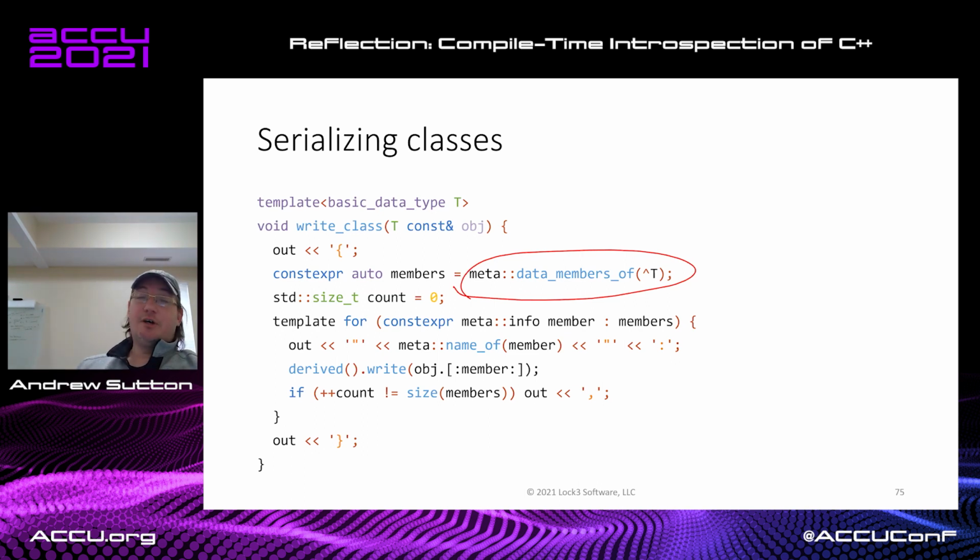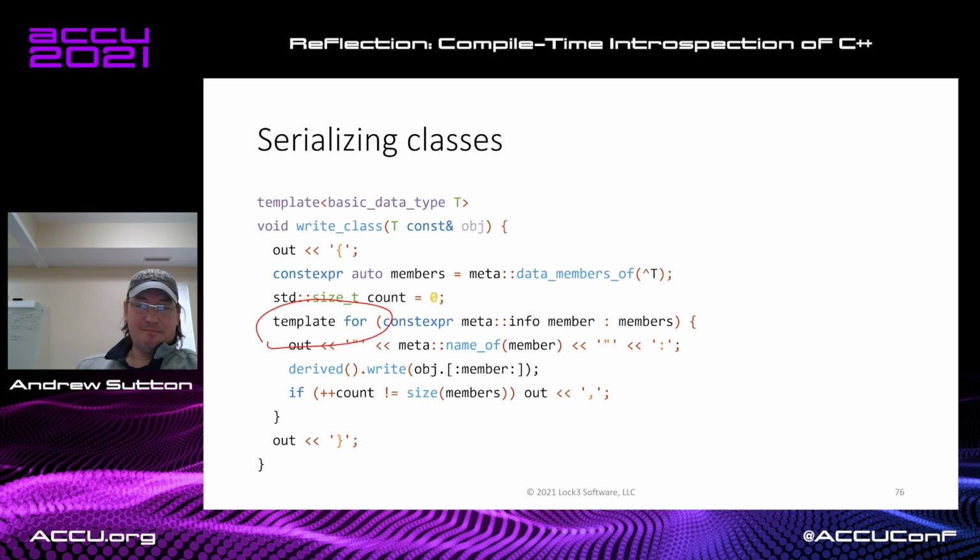Anyways, so we reflect the class T, whatever class we're going to write, we're just going to grab all of its data members. This gives us a constexpr range so we can iterate over. Again, we have an expansion statement over that range of members, binding each such member to a constexpr reflection of members. So we're going to expand over a reflection of every member.